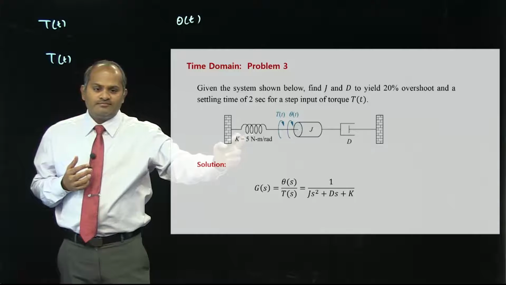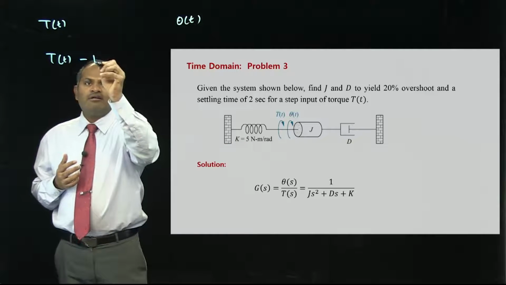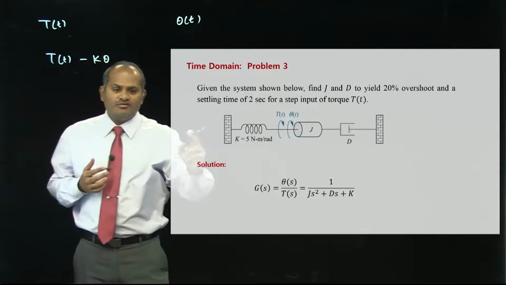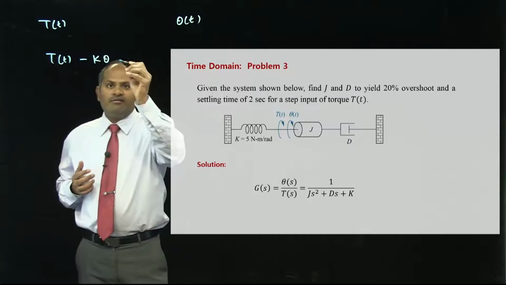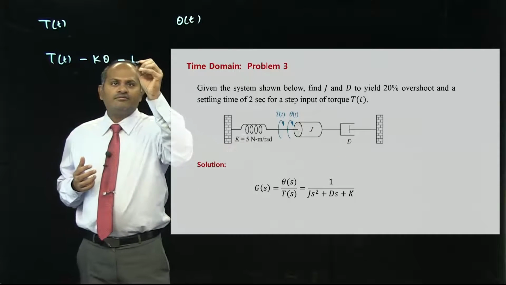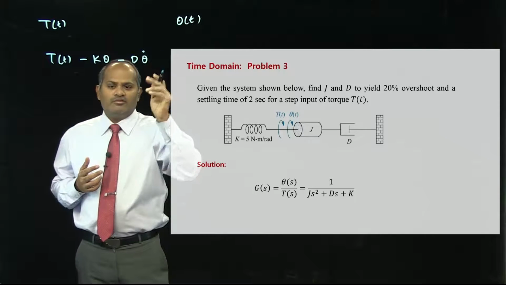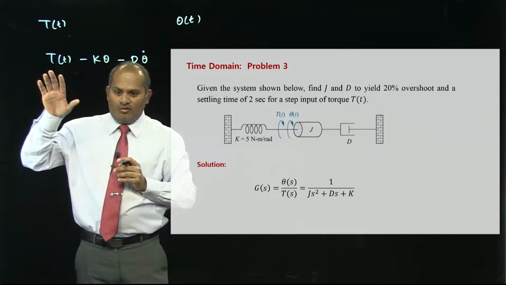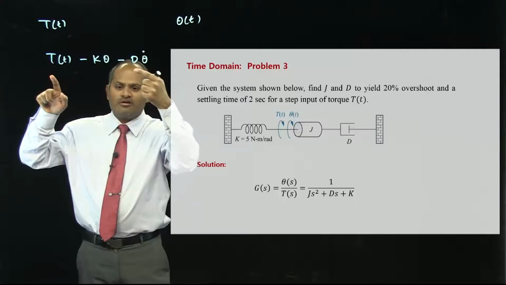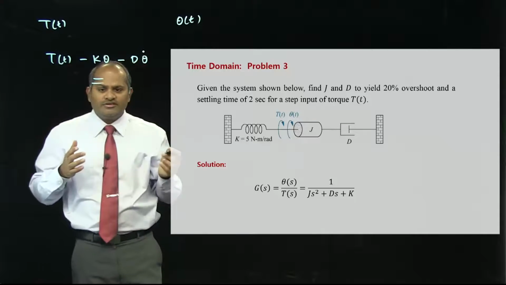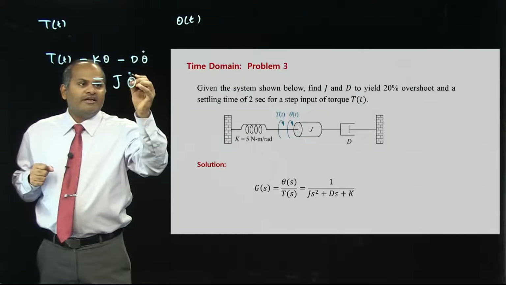Spring, right? So spring will be k into theta, because these two are rigid objects, and then minus d into theta dot. This is for the torque acting and the two opposite torques. So this resultant torque produces J into theta double dot.